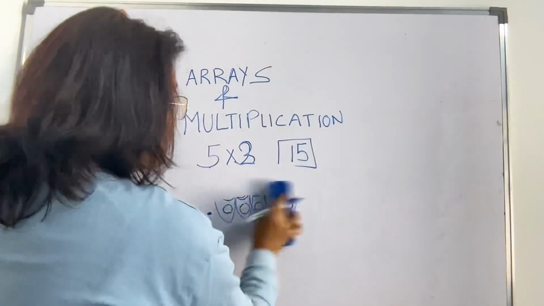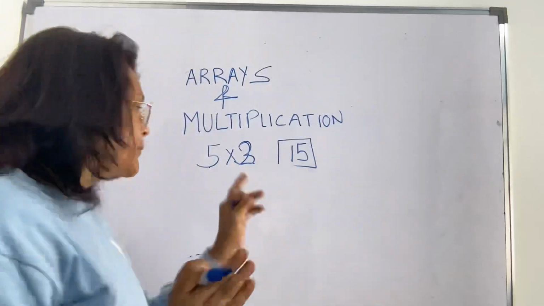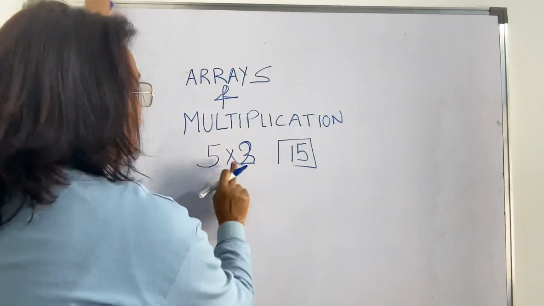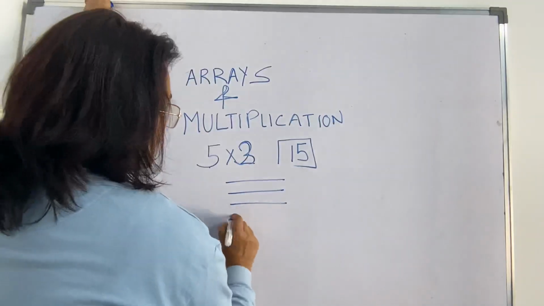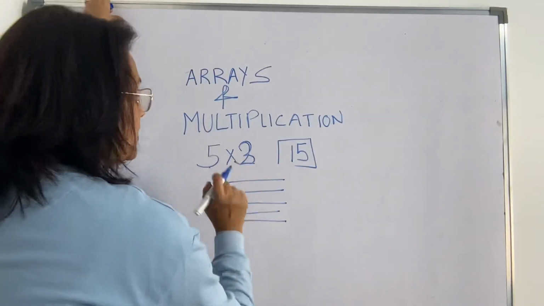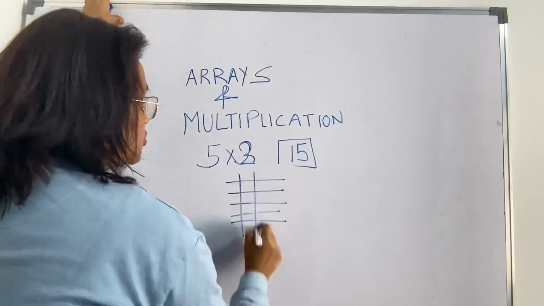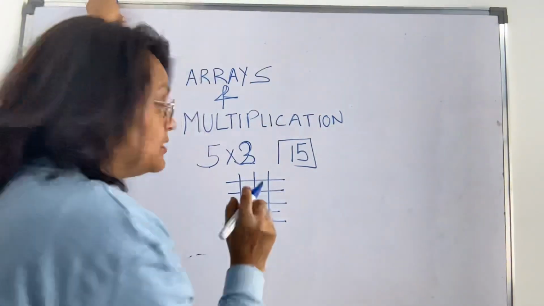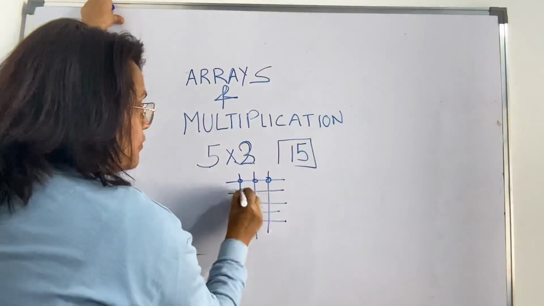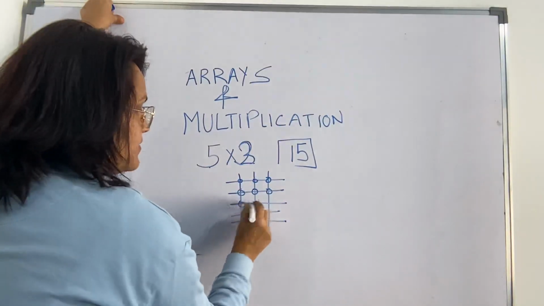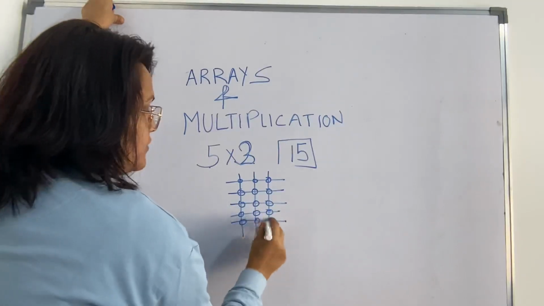Though in the Montessori environment they teach using the multiplication rod as well, where they say 5 into 3 whenever we are saying. So 1, 2, 3, 4, 5, and then 3, again the vertical lines 1, 2, 3, and then the point of connection, like 1, 2, 3, 4, 5, 6, 7, 8, 9, 10, 11, 12, 13, 14, 15.